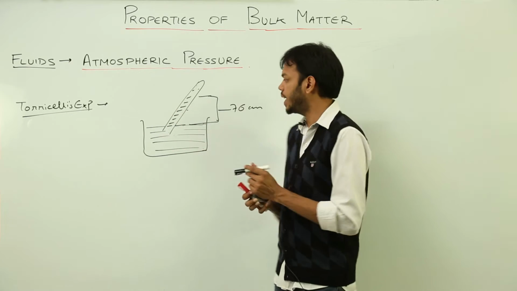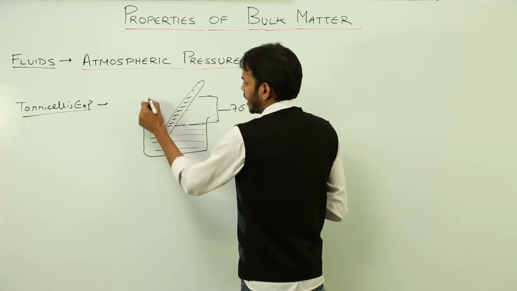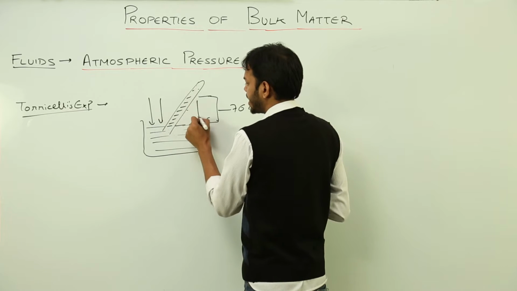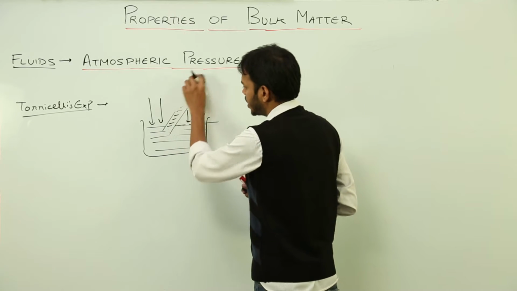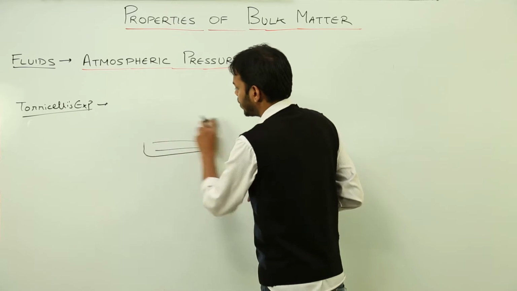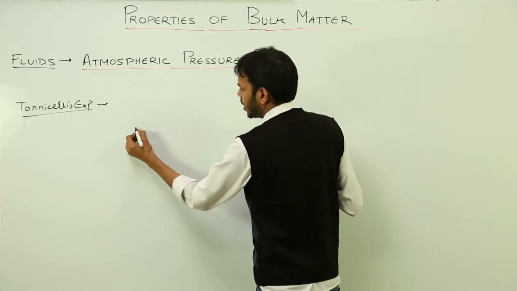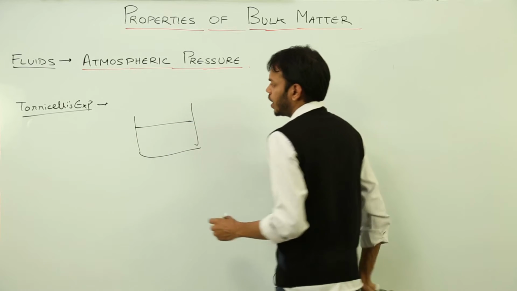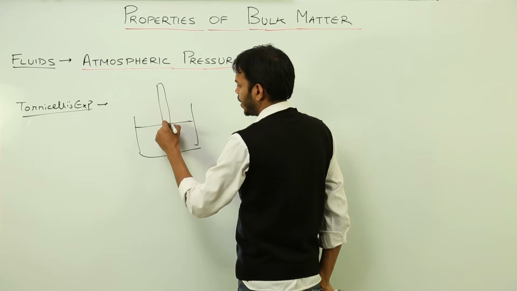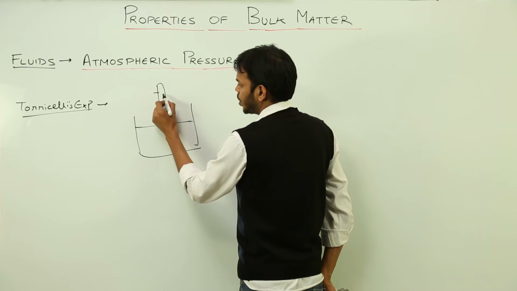The explanation of Torricelli's theory is that atmospheric pressure acts on the open side of the mercury. I'll draw this diagram again. This is our beaker filled with mercury, and this is our tube where 76 centimeters of mercury is held.